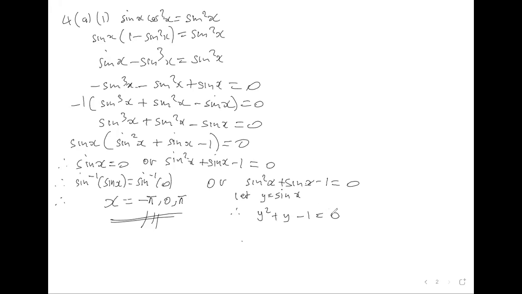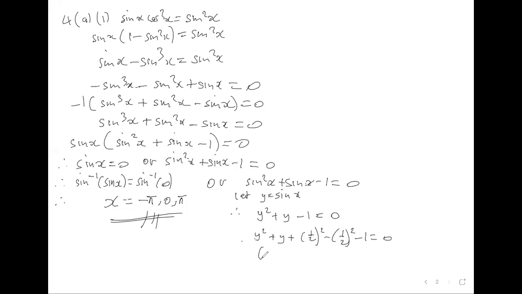Since you are experts at completing the square, let's complete the square together: y squared plus y plus 1 over 2 squared minus 1 over 2 squared minus 1 equals 0.